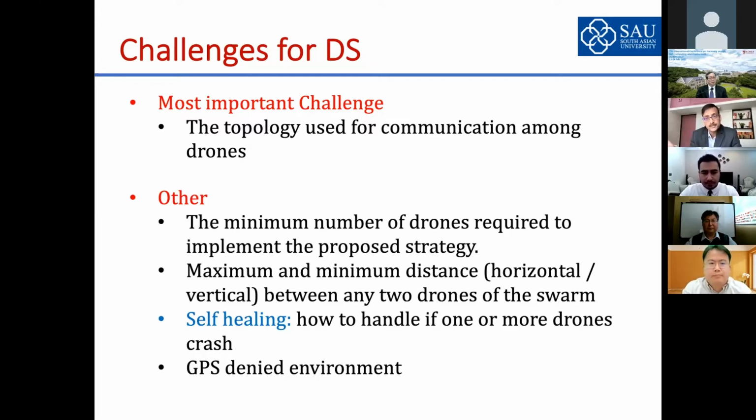The enemy country can spoof the GPS, blocking it, and in that case, how to communicate with them, how to see their own location, that where I am, how to communicate the current coordinates to the base. All these are again challenges, that how to handle the GPS denied environment. Of course, these are the big challenges the researchers will solve over time.